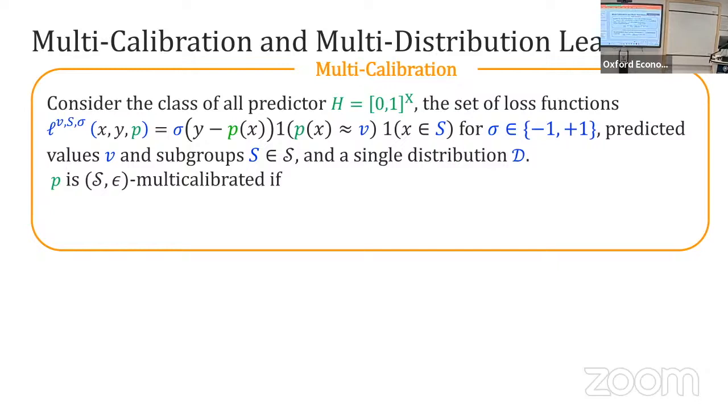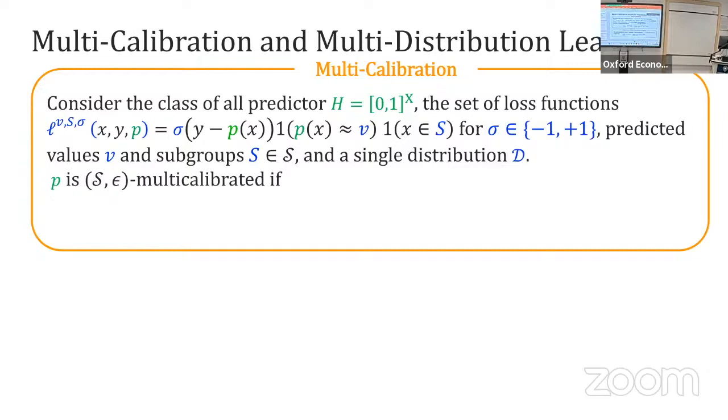But then the set of loss functions you really want to think about looks like something like this. It takes a predictor P and an XY value, and the loss itself is defined by the predicted value V, the subgroup S, and this sigma plus or minus that's really trying to capture, did I over-predict or under-predict on a specific group?